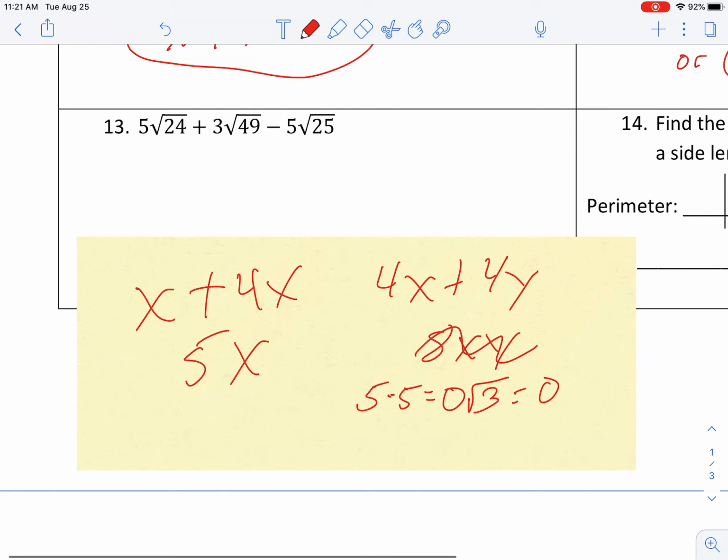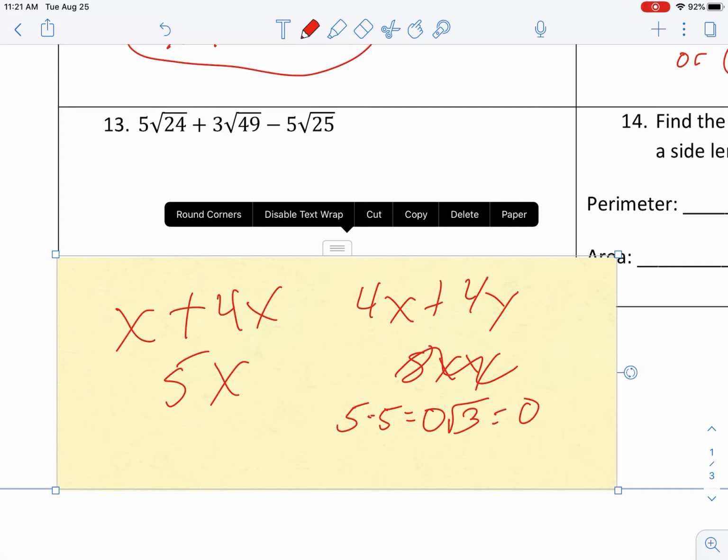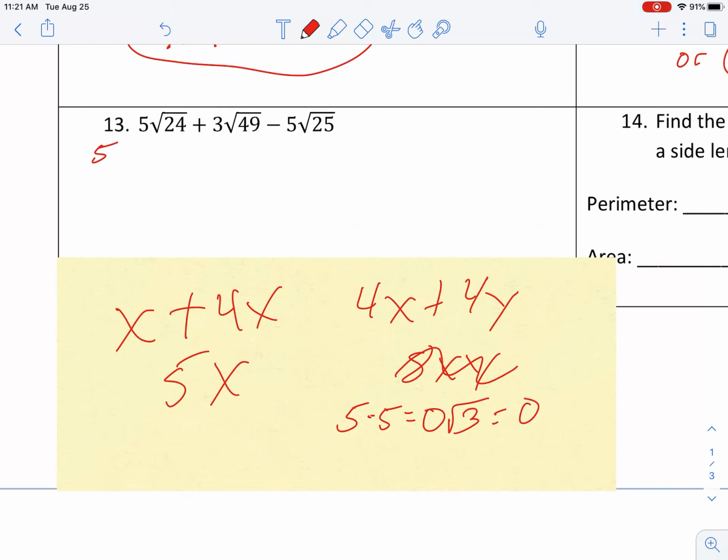All right, let's go with one more here. 5 root 24, take it off to the side and simplify. So 5 root 24 eventually gives me what? 2 and a 2 and a 2 and a 3, I believe.